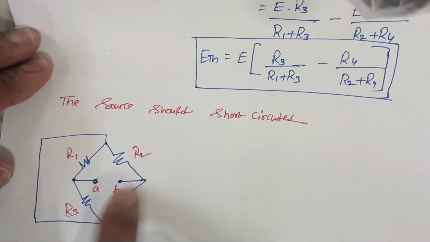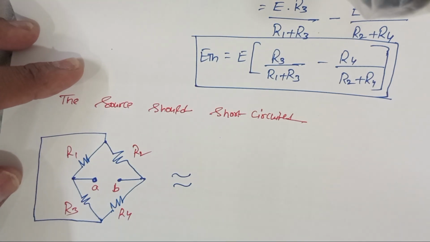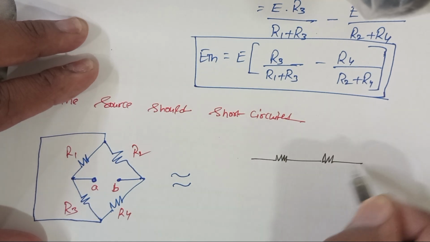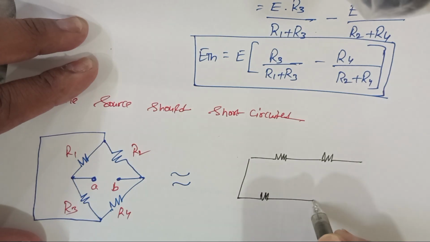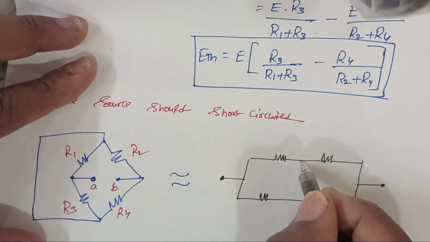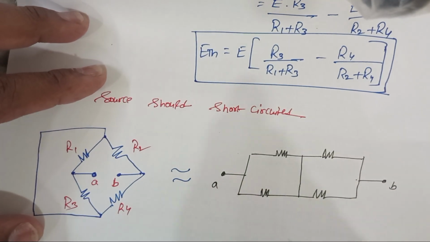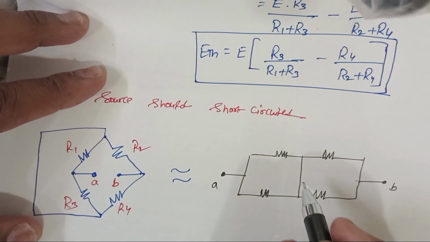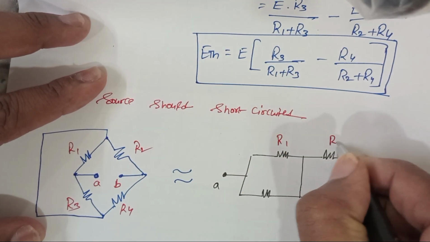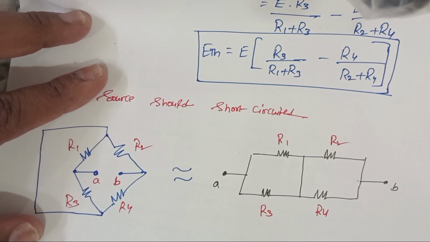Now I'm rearranging this circuit like this. Here we have R1, R2, R3, R4.